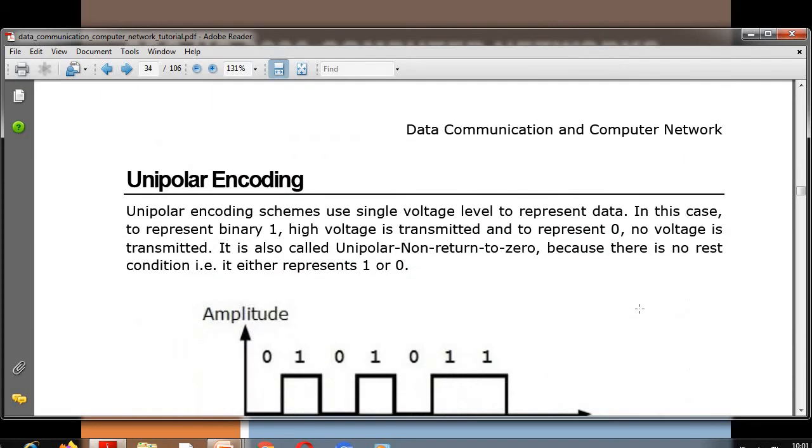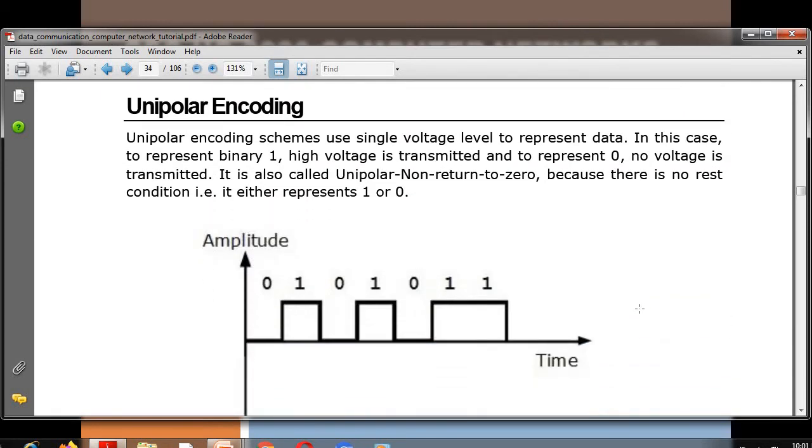So what is unipolar? In unipolar encoding schemes, we use a single voltage level to represent data. In this case, to represent binary 1, high voltage is transmitted, and to represent 0, no voltage is transmitted. This is also called unipolar non-return to zero, because there is no rest condition.